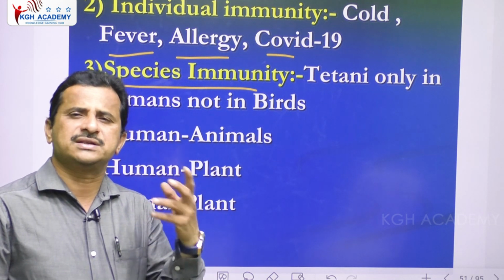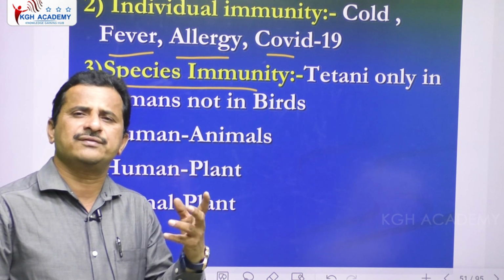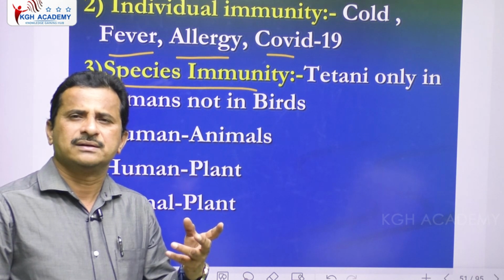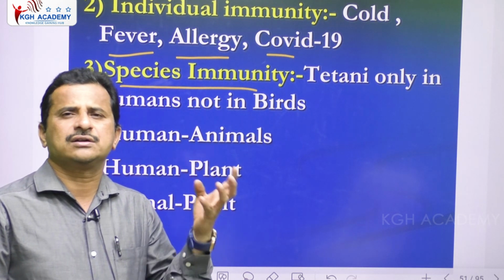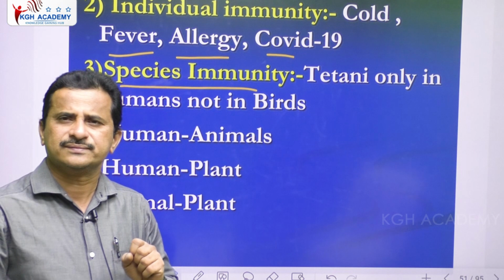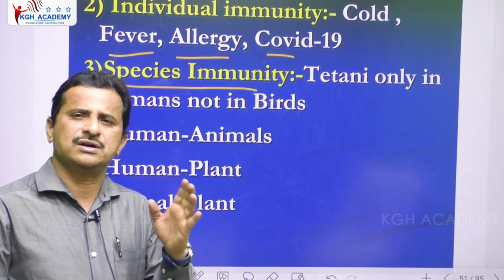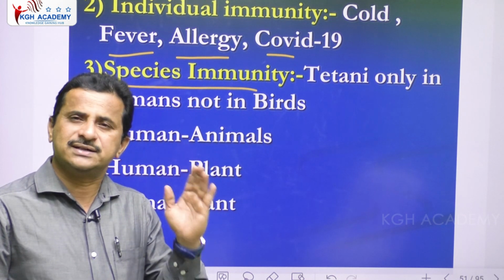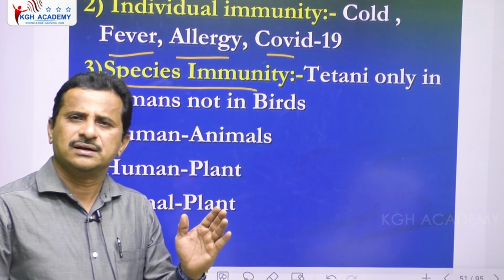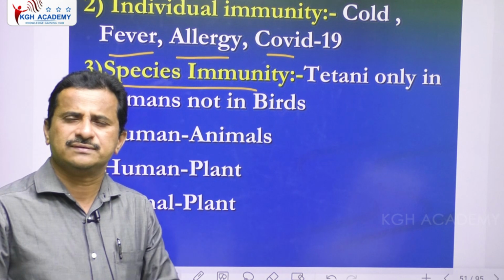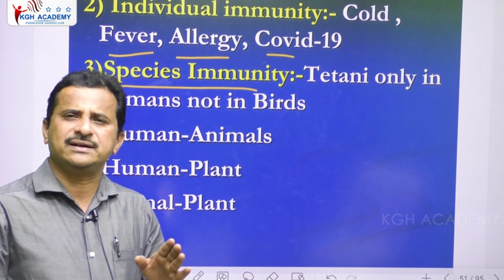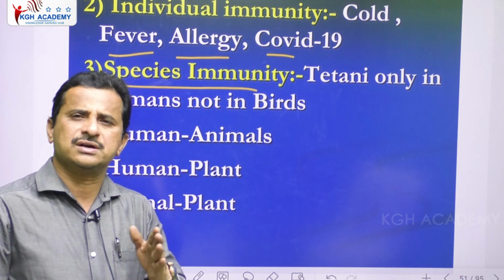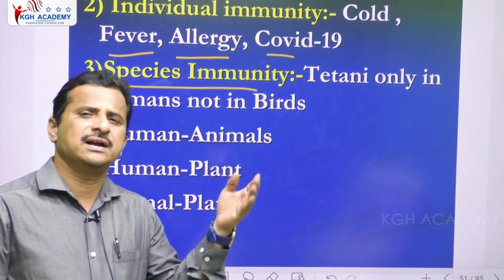For example, birds and normal animals get many diseases, but those viruses and bacteria do not cause any disease in humans. The pathogens that cause disease in birds, cattle, etc. do not cause any disease in humans. And human viruses and bacteria do not cause diseases in birds, cattle and other animals.